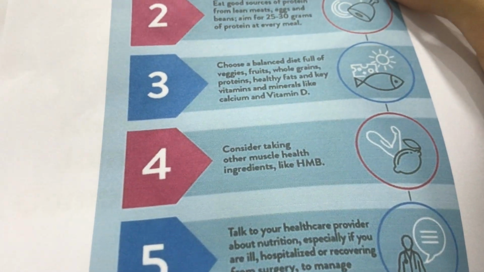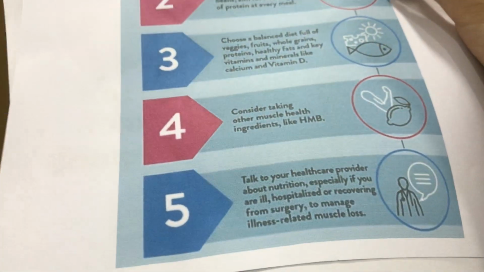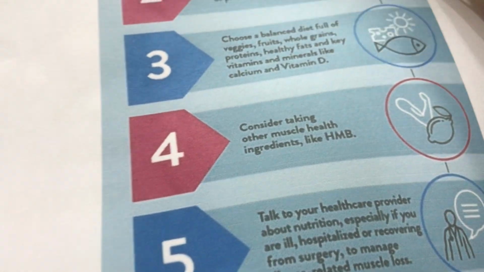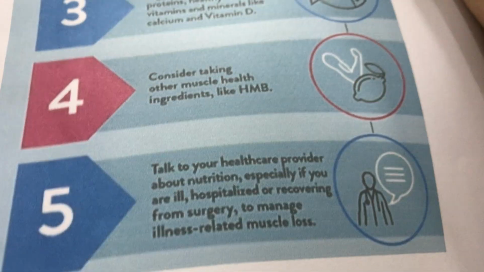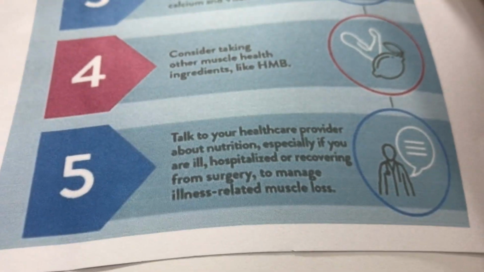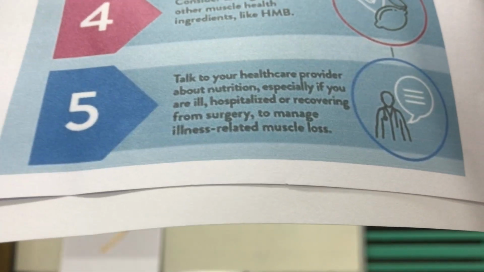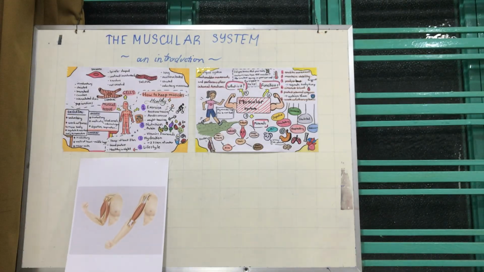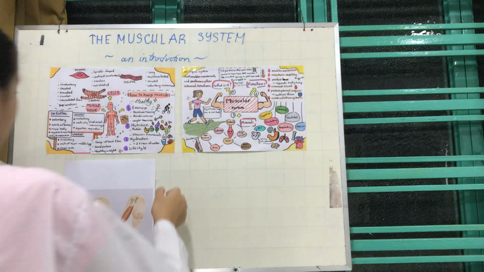Choose a balanced diet full of veggies, fruits, whole grains, proteins, etc. Consider taking other muscle health ingredients like HMB, and also talk to your healthcare provider about nutrition, especially if you are ill, hospitalized, or recovering from surgery, to manage illness-related muscle loss. So yeah, those are some easy ways to slow muscle loss, and there's one last illustration that I want to show you.